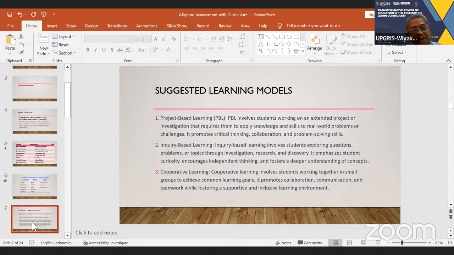Or is there something different in the assessment principle dealing with the new curriculum?